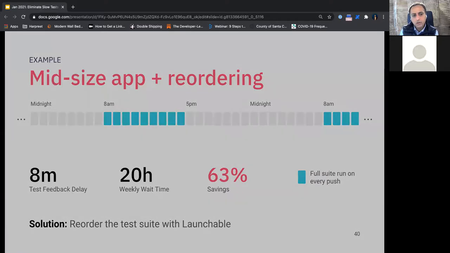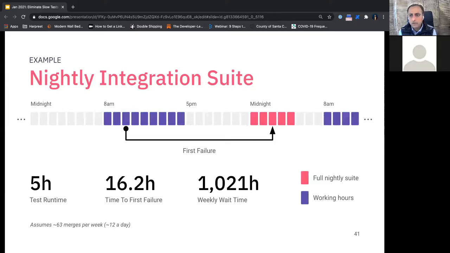So the second workflow that we are seeing is around these heavy integration tests, right? Or acceptance tests or Selenium tests. That's the scenario, right? And in this case, the example here is it takes this team 5 hours to run these tests. And what typically happens is, because the tests are heavy, as more tests are added, they get run more and more infrequently because the cost of running them is so high, right?